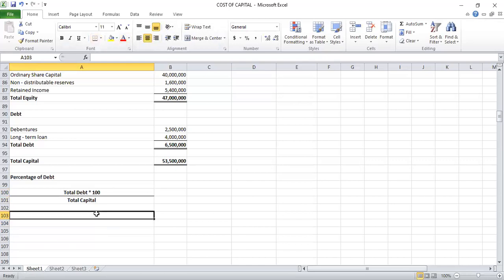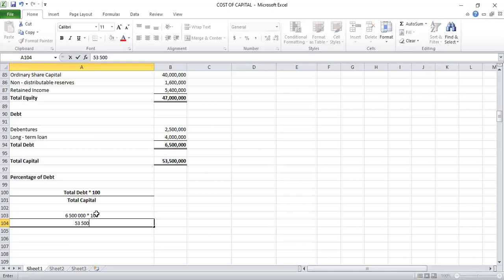Our total debt is 6.5 over the total capital, which is 53,500. What will you get there? We get 12.15%.